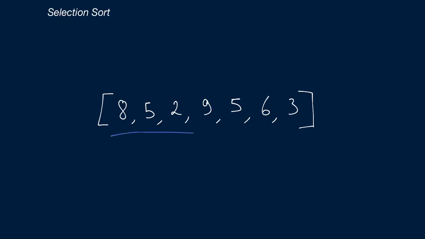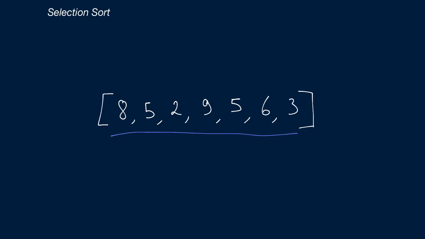So I'm going to underline the entire array in purple to show that all of these numbers right now are not sorted. And what we're going to do is iterate through this unsorted list a bunch of times, and each time we're going to find the smallest number in that unsorted list.